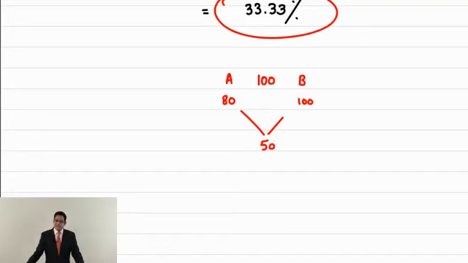So you see here that if the marks of A drop by 30, A will hit the break even. But if the marks of A drop by 31, A will fail.